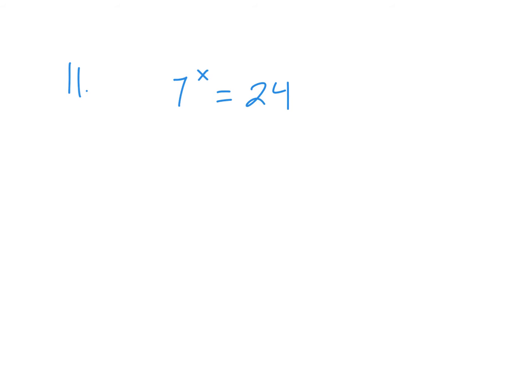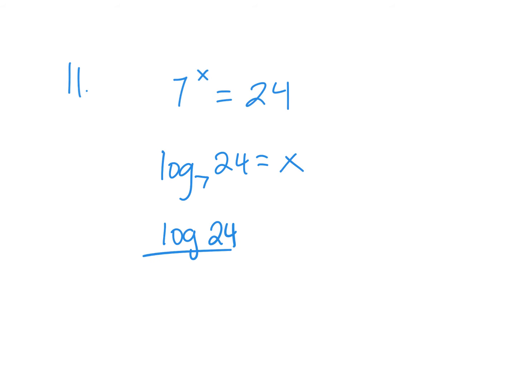So I need to write log base 7 of 24 equals x. And I type this into my calculator by doing what? Perfect, log A divided by log B. Log 24 divided by log 7. And what is that? 1.63.